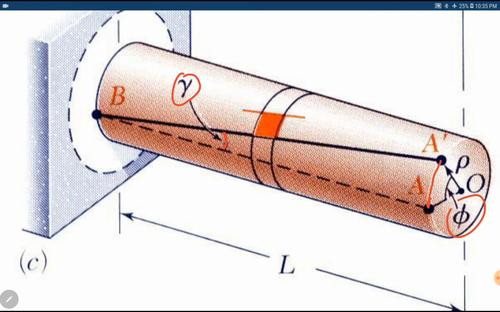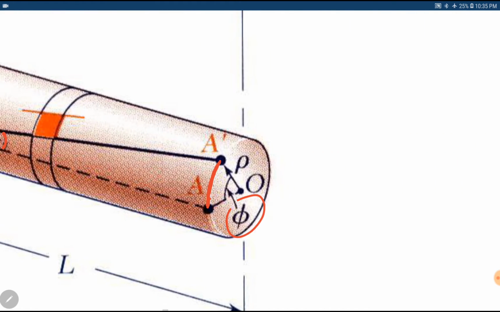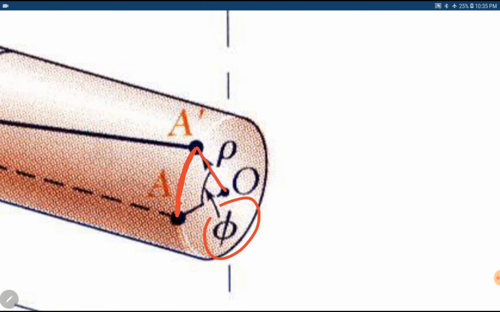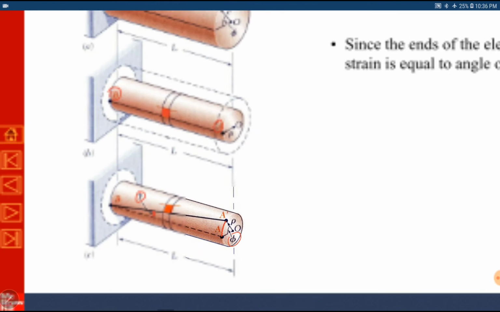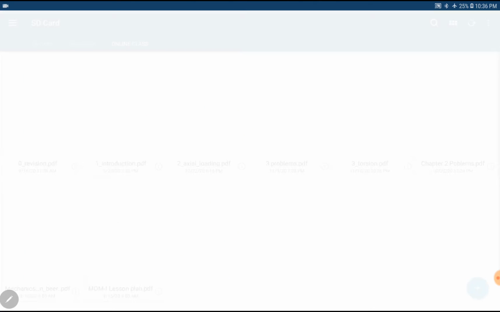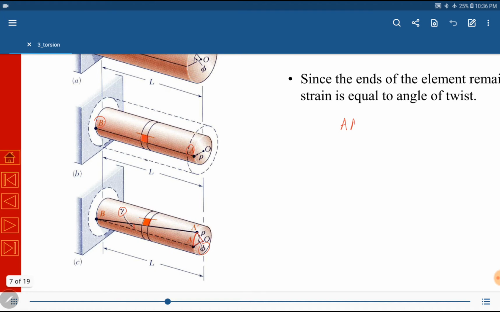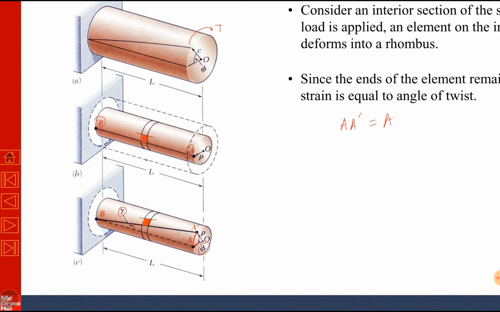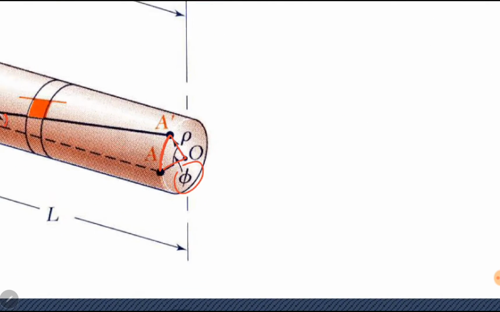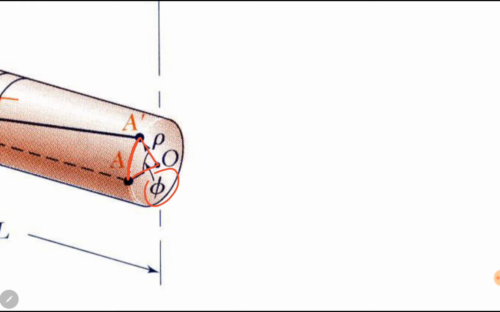Gamma is actually shear strain. So how can we calculate this shear strain? This arc AA dash is common between the two triangles OAA dash and BAA dash. From this triangle, it is equal to rho phi.